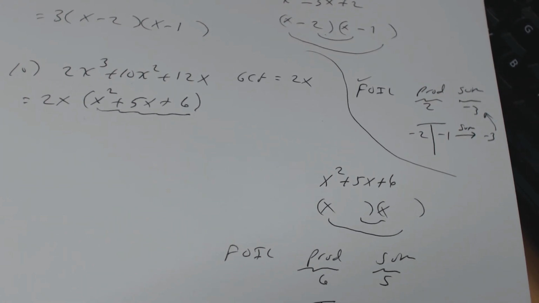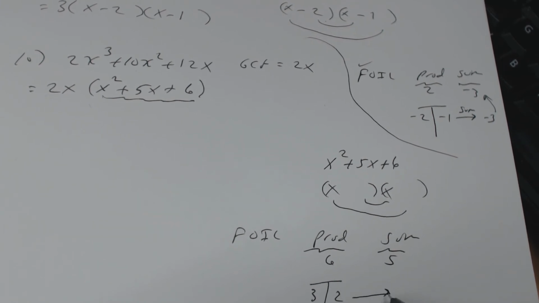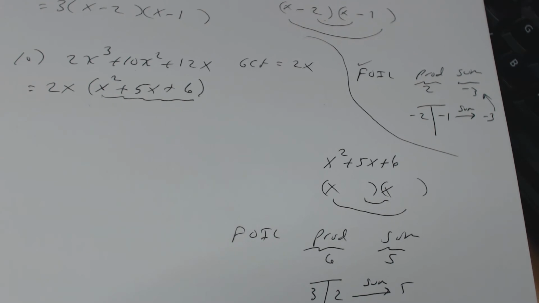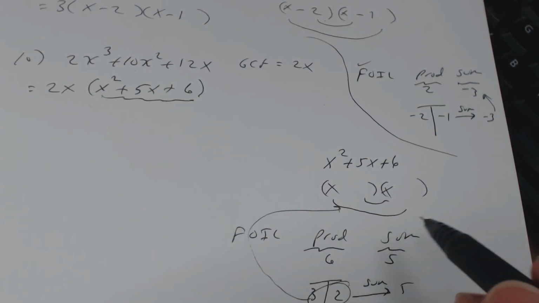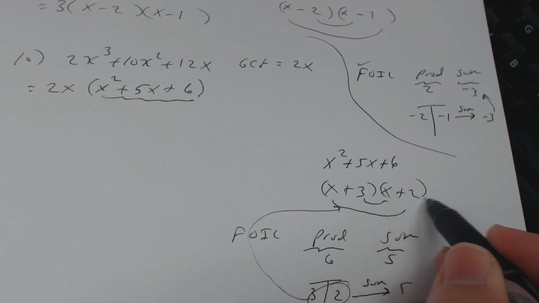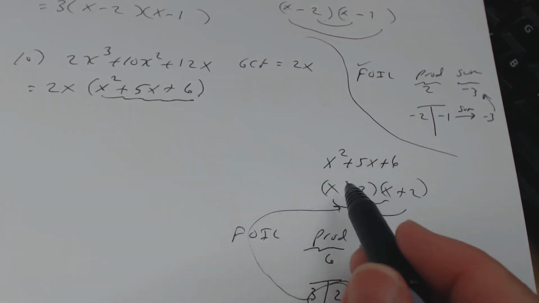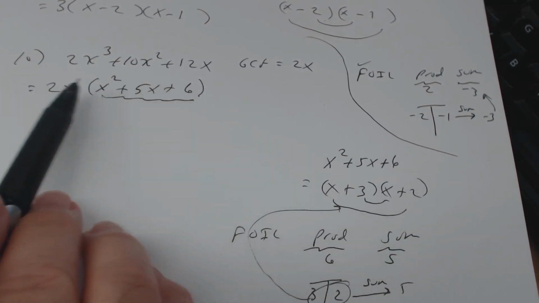The only possibility, if you think about it, is 3 and 2. 3 times 2 is 6, and when I add them up, I get 5. So those are the numbers that go here. So I get x plus 3 times x plus 2. Now remember, what you found was the factorization of this, but we have to go back to the original problem.